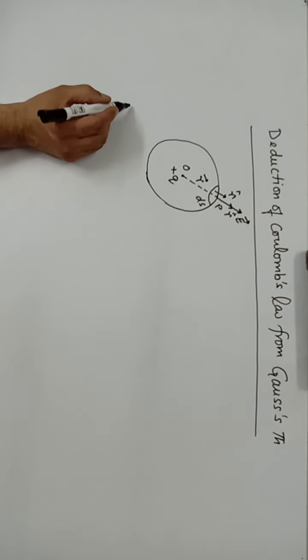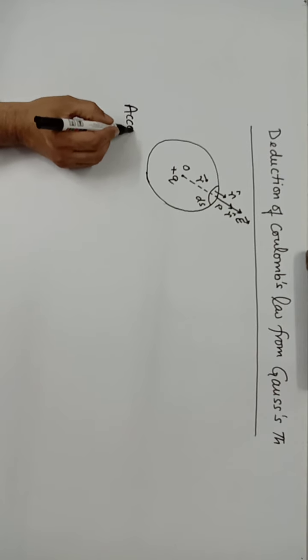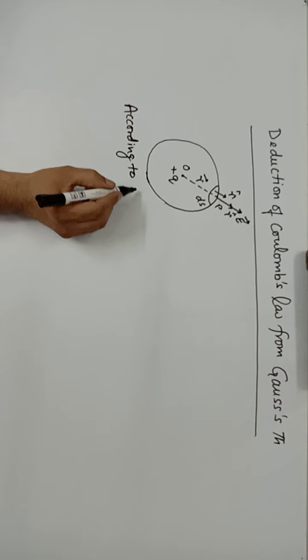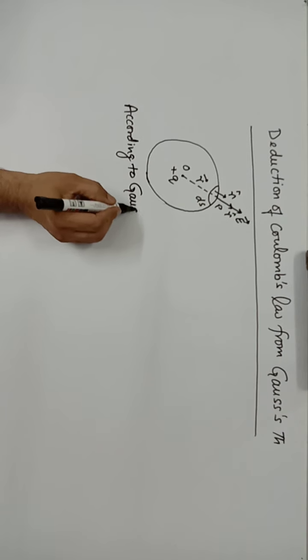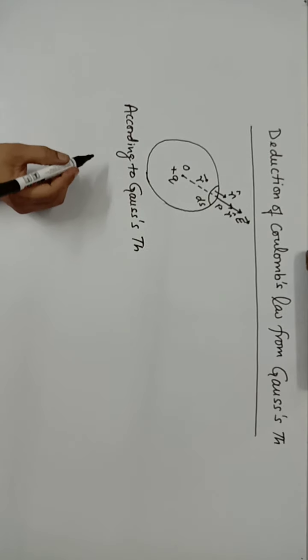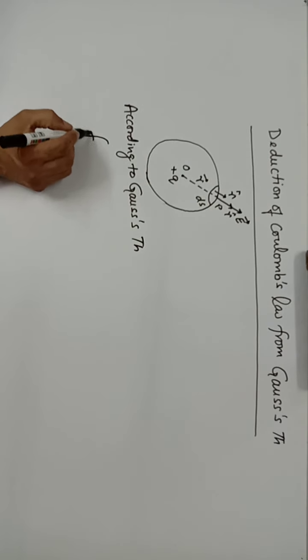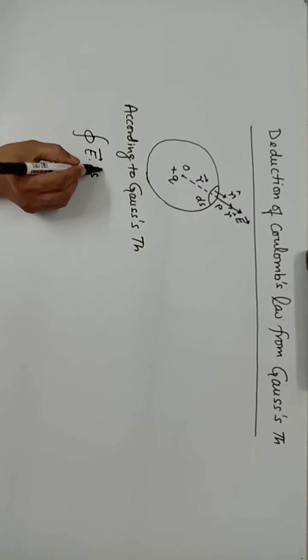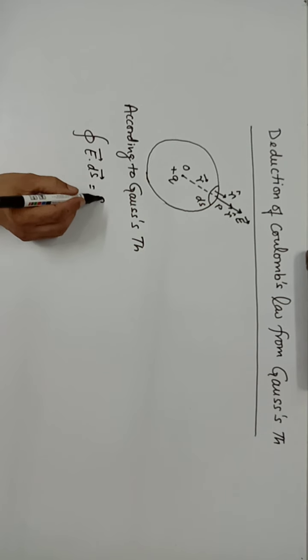According to Gauss's theorem, integral E dot ds is equal to Q upon epsilon naught.